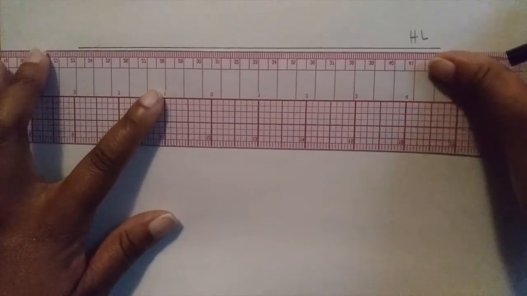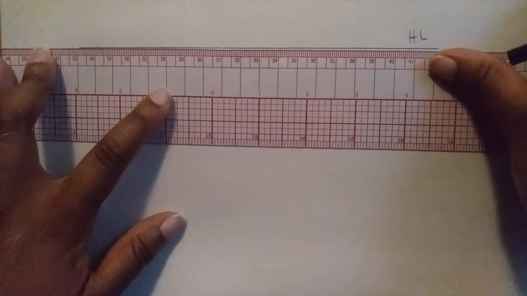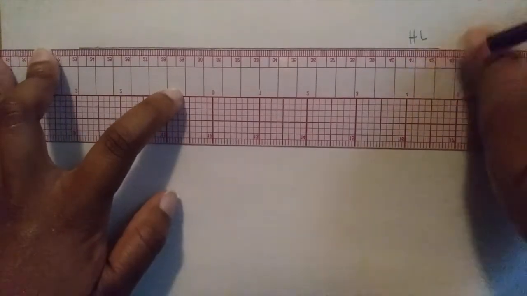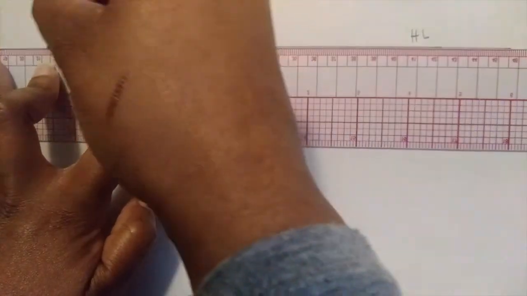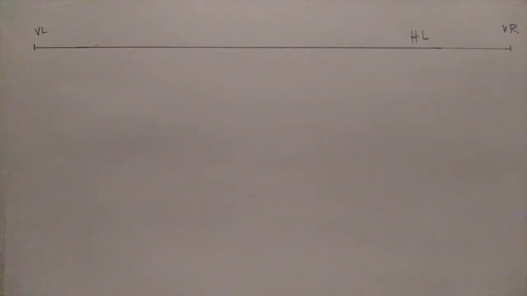So I'm going to extend my lines just a little bit more. I just don't want to have any weird distortions with my cube in 2 point, but I also don't want to go outside the frame of the video. Okay. So I'm going to put 1 point here, another point here. So this is my left vanishing point, and this is my right vanishing point.